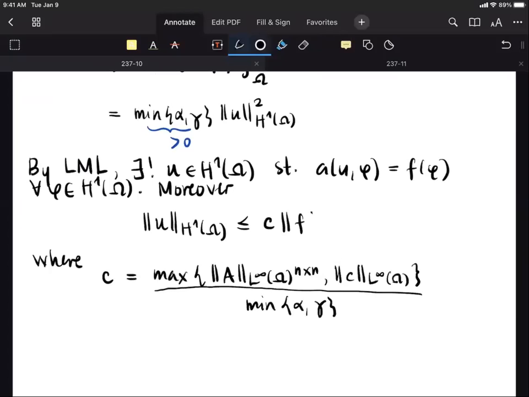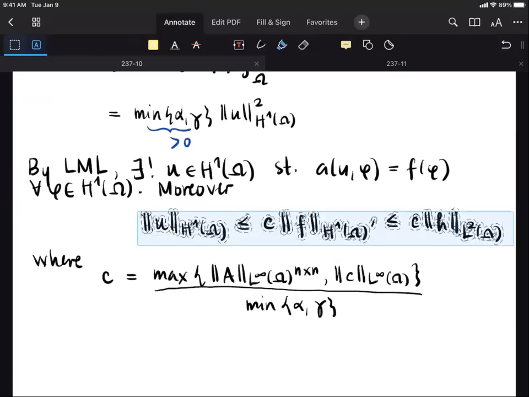This is less than the dual norm of F, but we know that the dual norm is less than the L2 norm of the heat source.